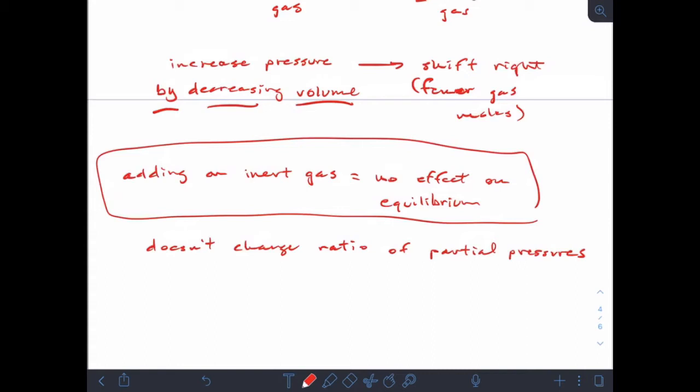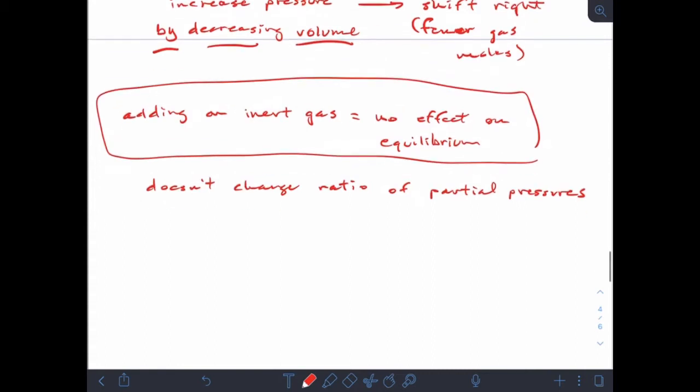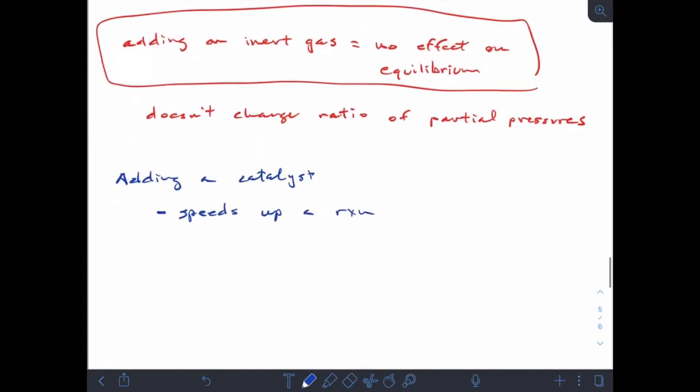Okay. So the last aspect of talking about this is adding a catalyst. Okay. A catalyst speeds up a reaction, right? Talked about that in the last chapter. Right, so speeding up a reaction, we reach equilibrium faster.